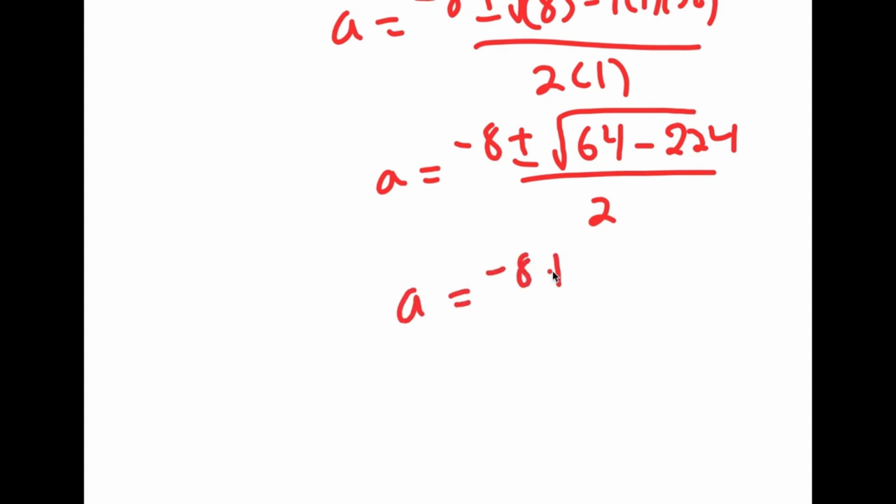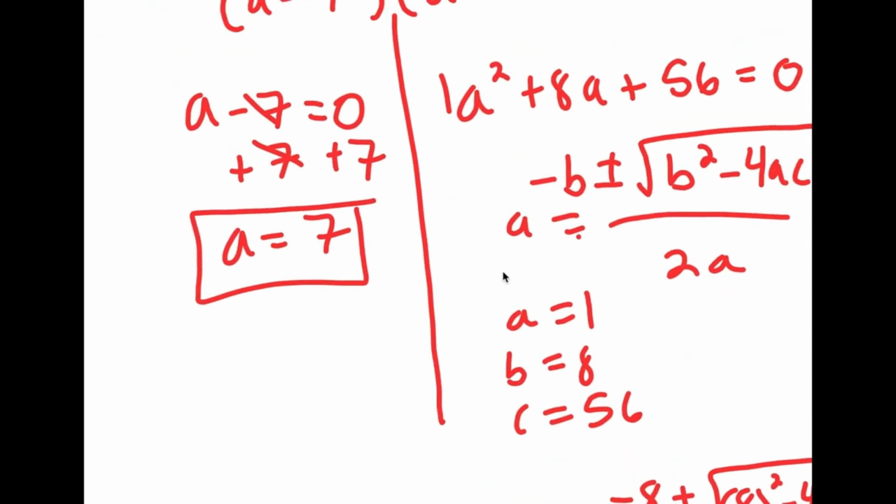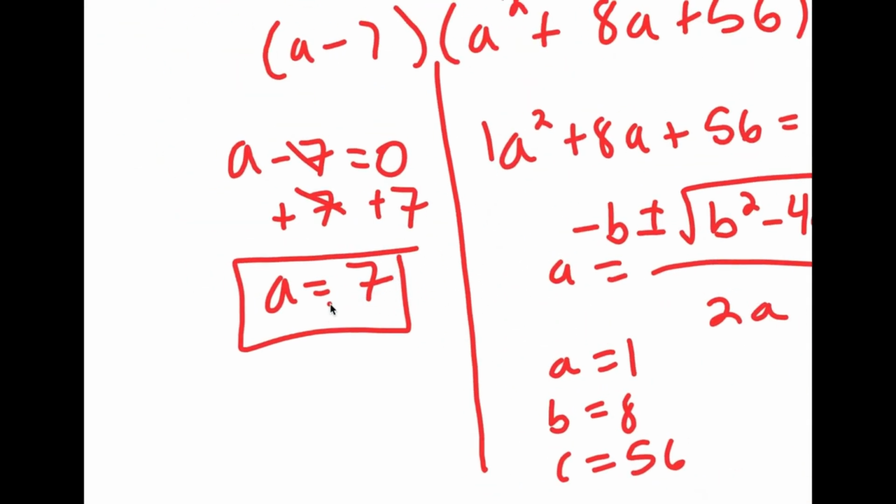And this turns to negative 8 plus or minus the square root of negative 160. Notice how we have the square root of a negative number, so this will not work. So our only solution is a equals 7.